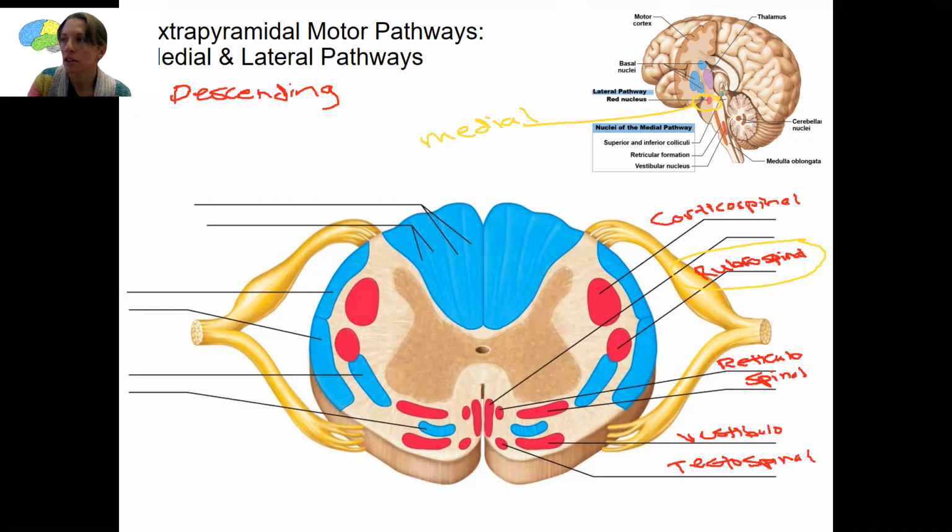Then we've got our vestibular nucleus, the vestibulospinal pathway is related to that.